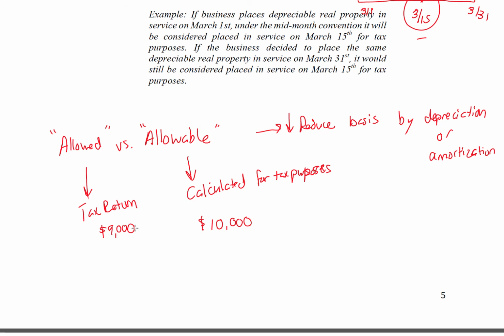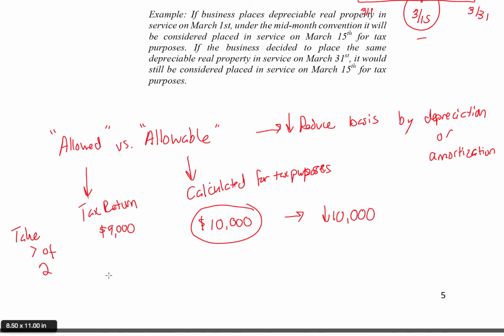Well, the rule is you always take the greater of these two numbers, and that reduces your basis. So the $10,000, even though you didn't get the benefit on your tax return, actually reduces the basis because that's what you should have done under the law.